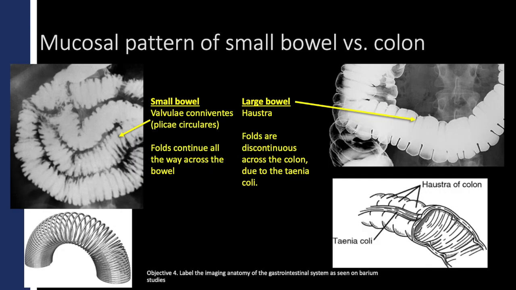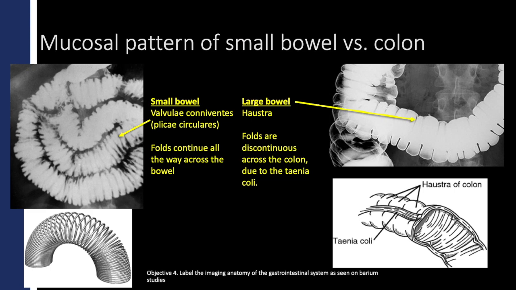Here are some mucosal patterns of the small bowel versus the colon. So remember that the small bowel has the plicae circularis, whereas the large bowel has the haustra. And the muscle that goes down the large intestine is the tinea coli.